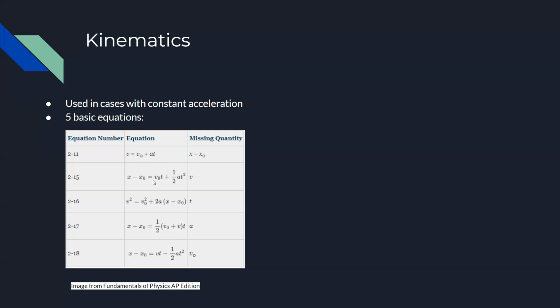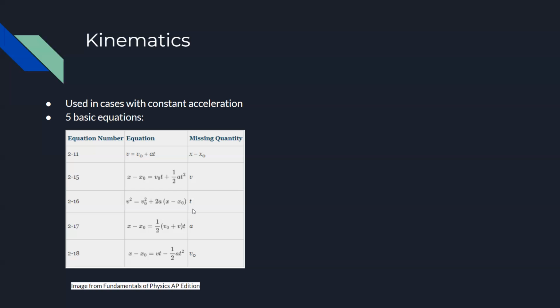For this one, you don't have a final velocity, and you only have the initial velocity, acceleration, and position. This one, you don't have anything for time, so you can solve it for problems without time. And this one is for problems without acceleration, and so on and so forth. Basically, these equations allow you to cherry pick the equation which you want, so you can solve problems.